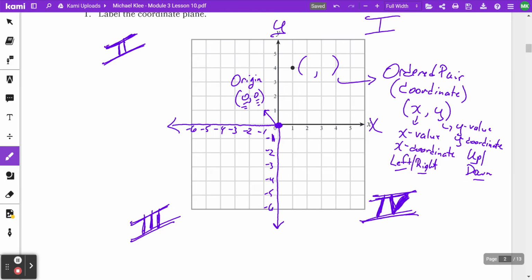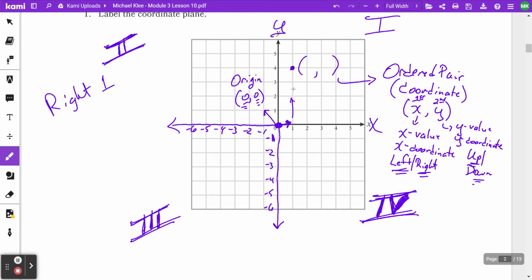Like this guy here that someone put here. We always deal with the x value first. So this guy is always first, and this guy's always second. I'm always dealing with the left-right before I deal with the up-down. So from the origin, how do I get over here? Well, I have to go left to right first. It looks like I'm going to the right 1.